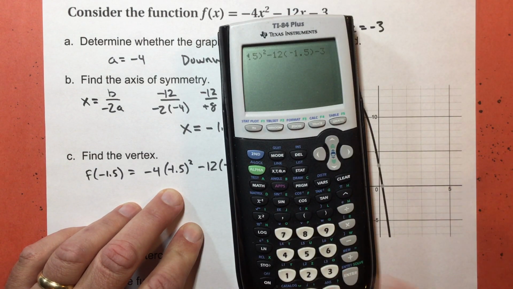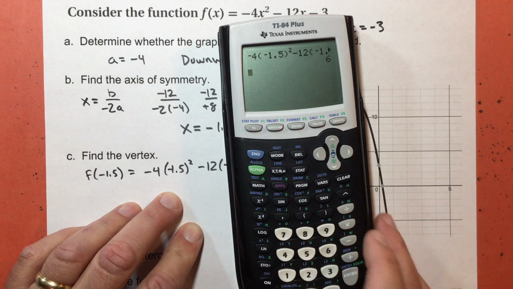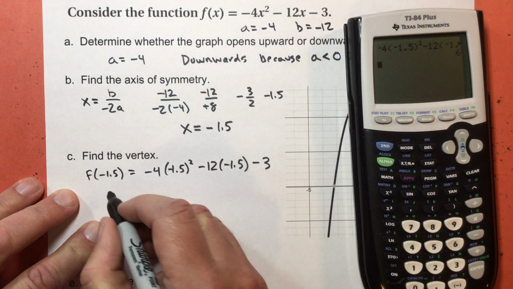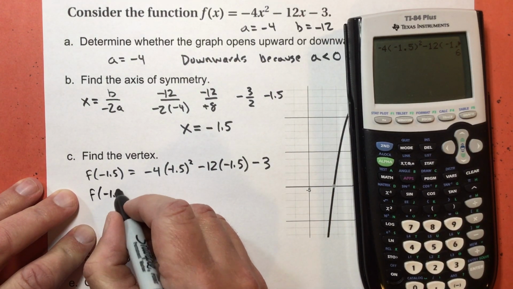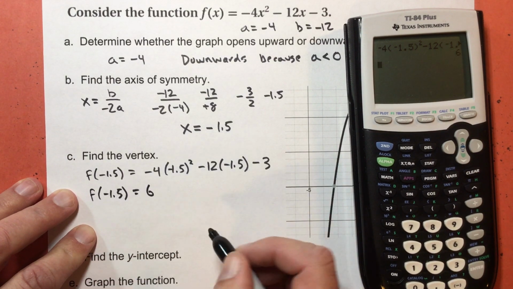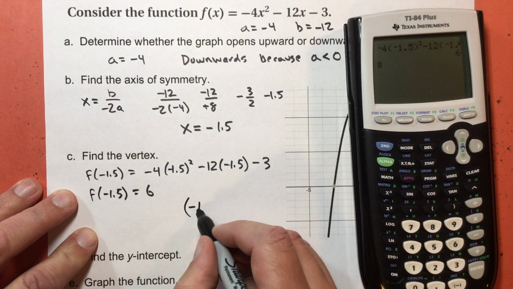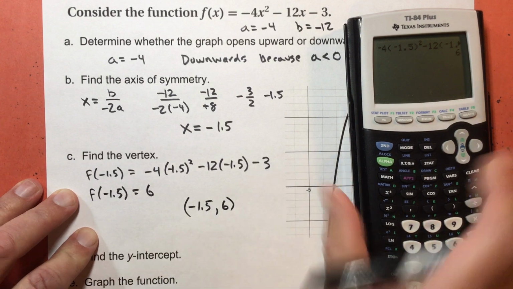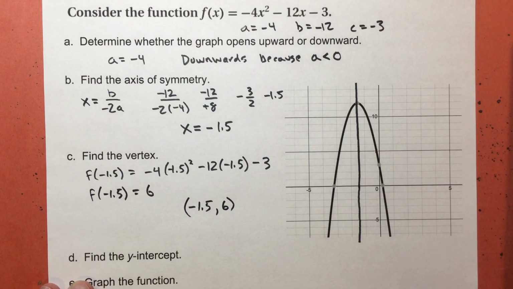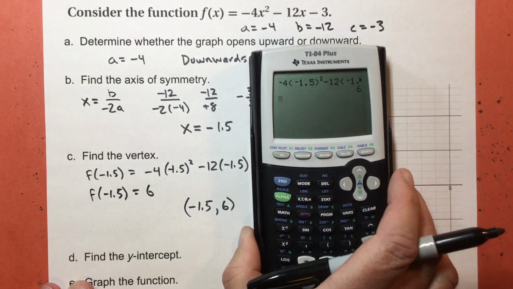Subtract 3 gives me 6. So f of negative 1.5 equals 6. That tells me my vertex is negative 1.5, 6. And that's not right. I did something wrong.